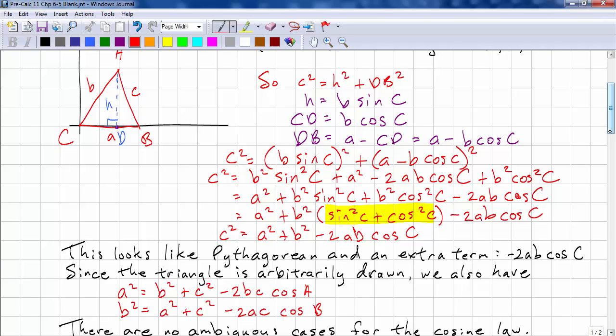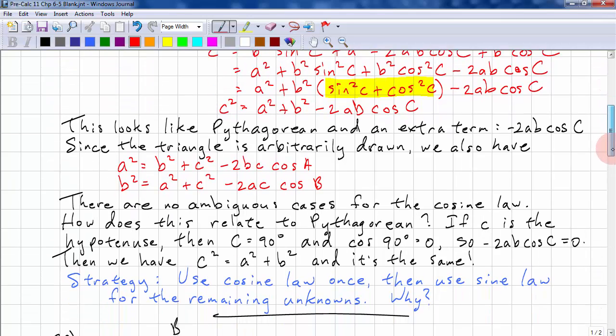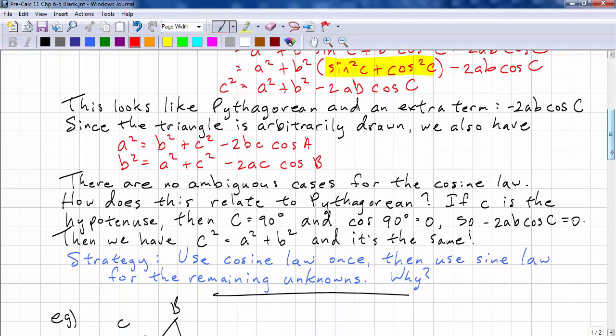And because we can solve for the triangle arbitrarily, you can also do a squared equals b squared plus c squared minus 2bc cos A, and similarly for b squared. Okay, and as I said before, there are no ambiguous cases for the cosine law.